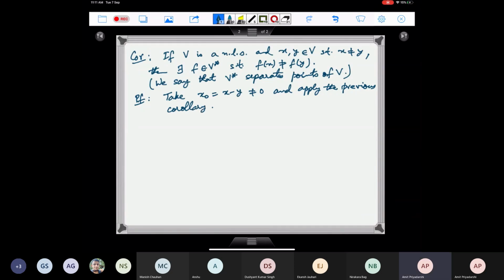So the previous corollary says that there exists F belonging to V star such that F at x naught is equal to norm of x naught. So that will be Fx minus Fy is equal to norm of x naught, which is norm of x minus y, which is non-zero. So Fx is not equal to Fy.